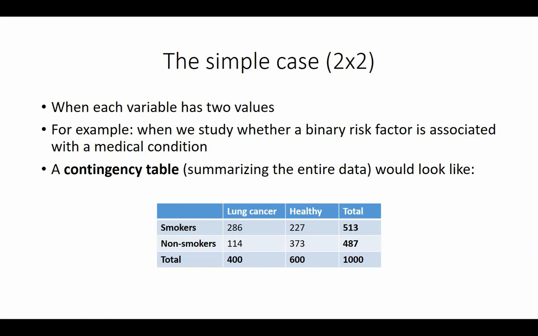Then we end up with a 2-by-2 contingency table that tells us for each combination how many individuals we have. Individuals can be either smokers or non-smokers, and they can either have lung cancer or be healthy. And then we also have the total numbers, which is not really part of the table. So it is only a 2-by-2 table.